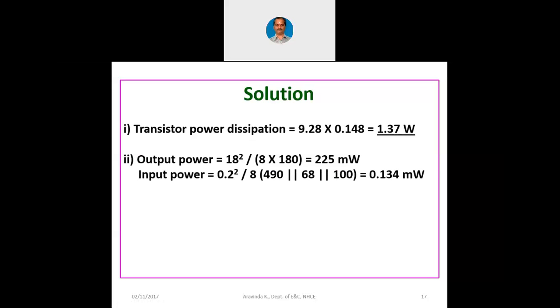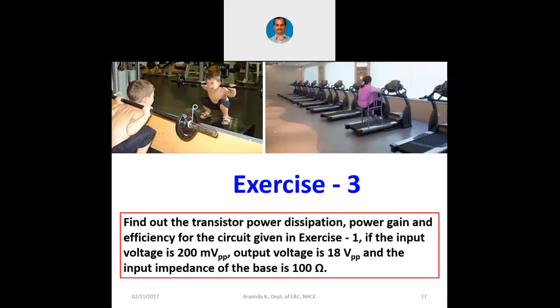Input power is 0.2 squared divided by 8 into 490 parallel with 68 parallel with 100. Why is this so? Because there is the R1 and R2 also, right? In that circuit, there is R1 and R2 also. Even though the input impedance of the base is given as 100 ohms, it is not given that R1 and R2 can be ignored, because we are dealing with power amplifiers.